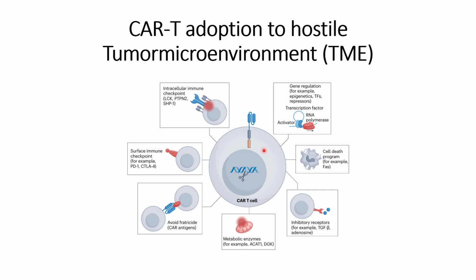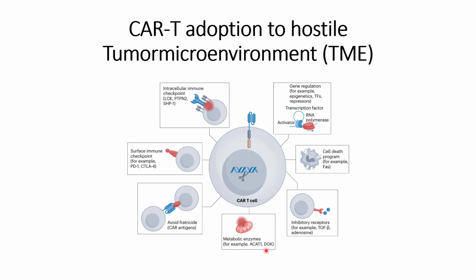If these things can be engineered into the CAR-T cells, then it might increase the CAR-T cells' adaptation to the tumor microenvironment, and thereby increase the efficacy of CAR-T therapies against solid tumors.